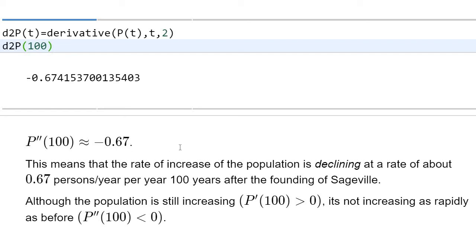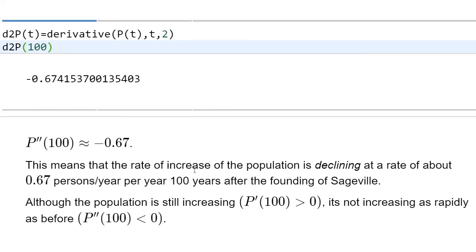The units here are persons per year per year, or persons per year squared. In other words, it means that the rate of increase of the population, that's the derivative, is going down by 0.67 persons per year every year. So around the time t equals 100, every year the rate of increase is getting a little bit smaller.